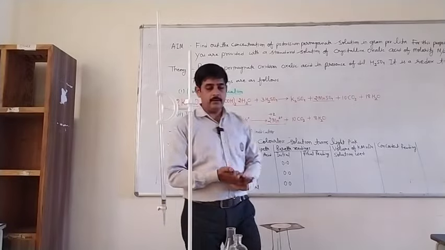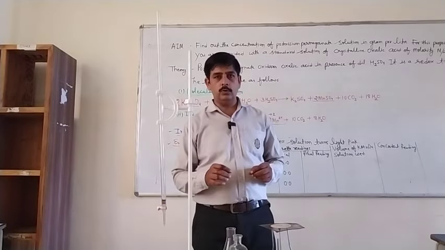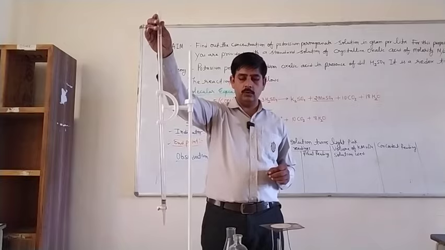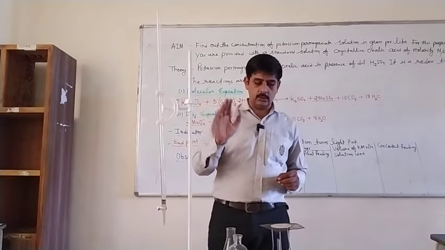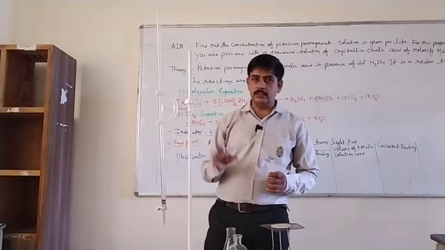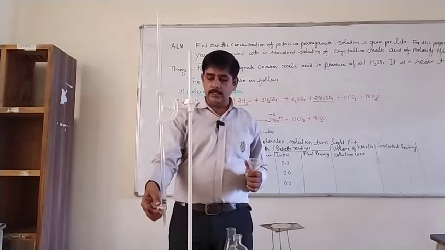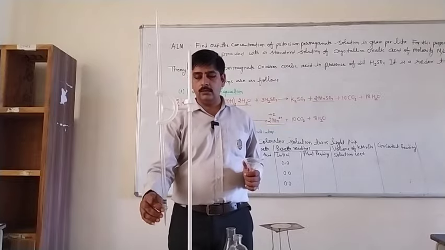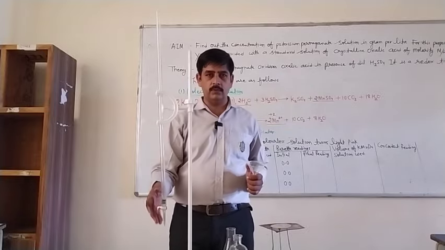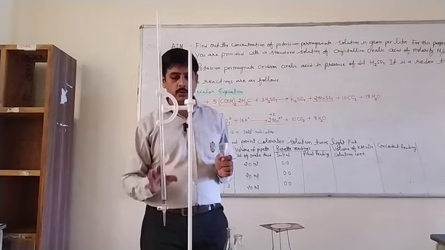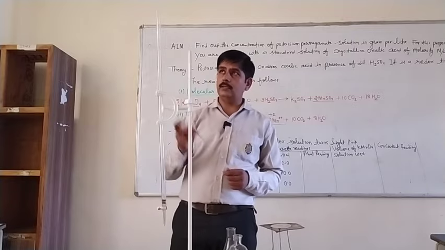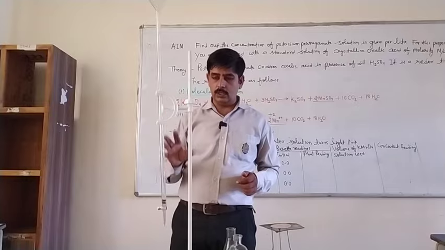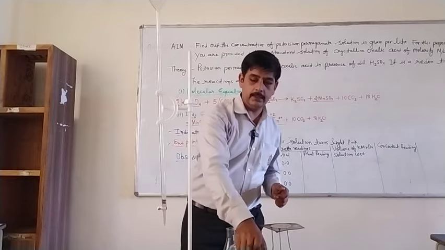The first thing we have to do is fill this burette with KMnO4 solution, whose concentration is unknown. Before filling it, make sure that the stopper is closed, because if it is open, the KMnO4 solution will come out. Then fix this funnel on it, so that you can pour KMnO4 very easily.